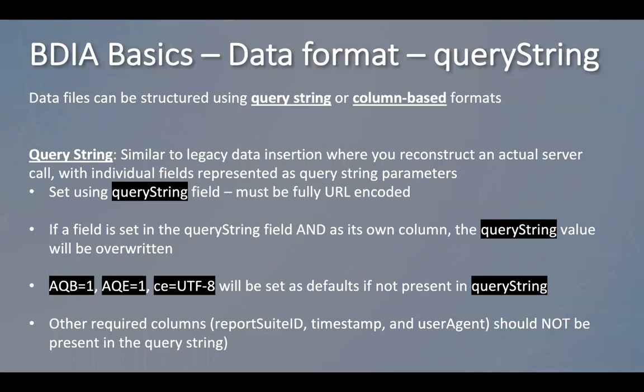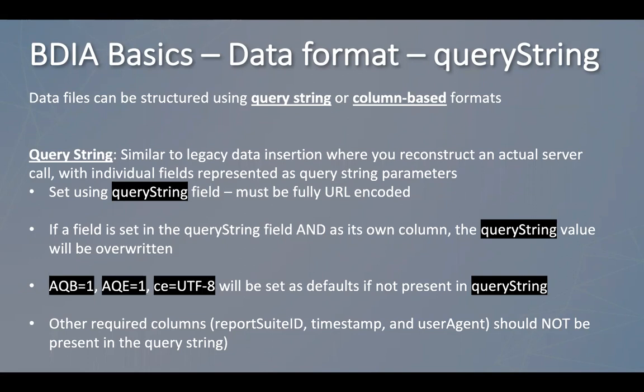As you know, the query string is typically prefixed and postfixed with the AQB and AQE parameters, and that just lets them know when the start of the server call is and where it ends, as well as the content encoding. And those are set as defaults if they're not present in the query string.